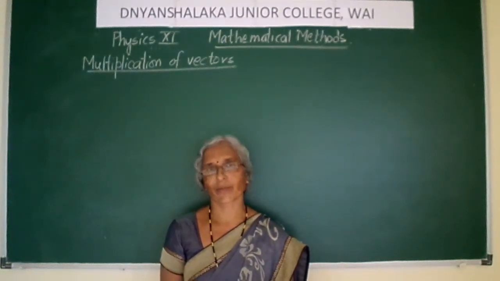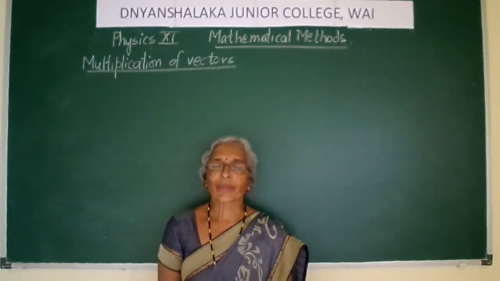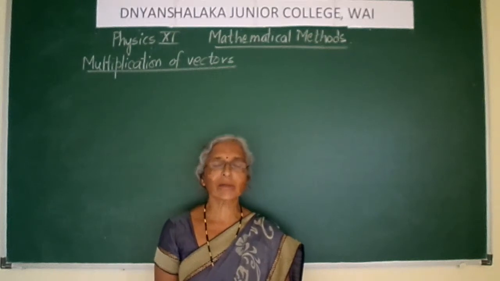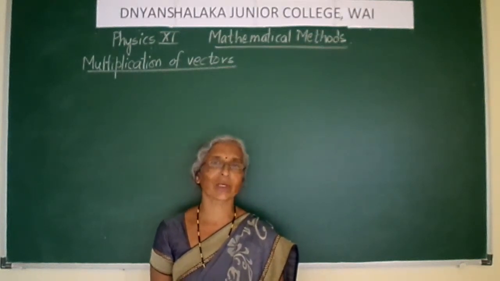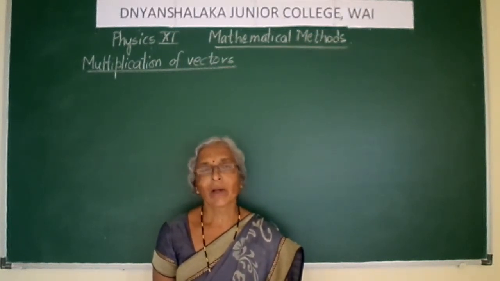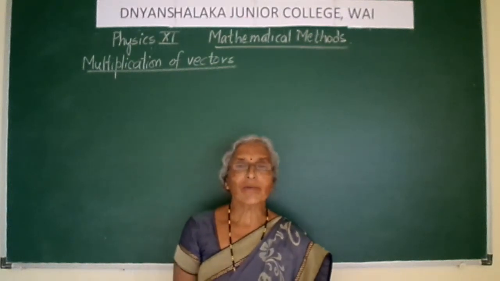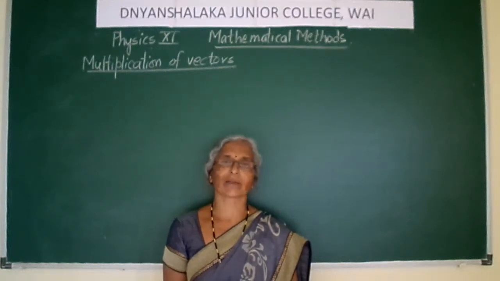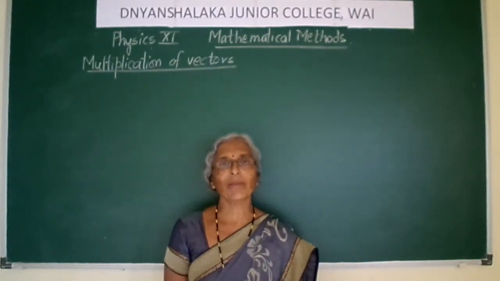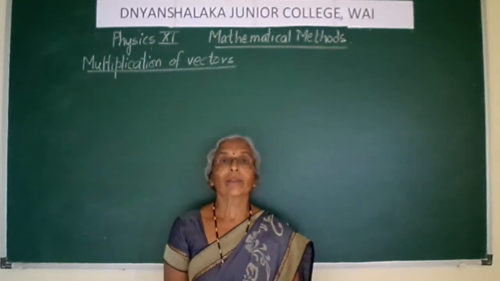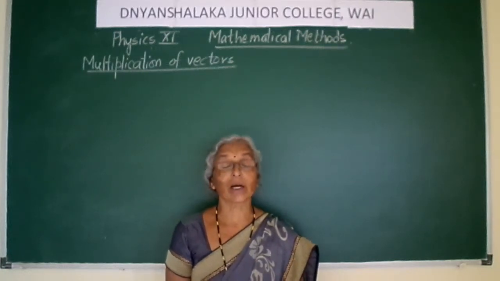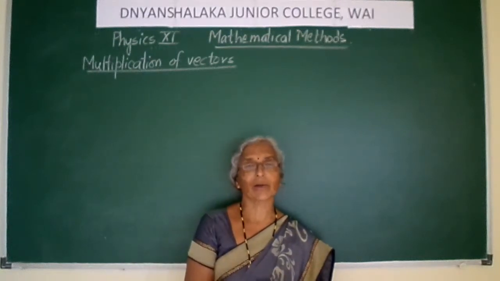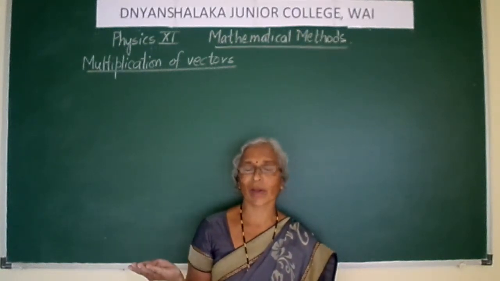of vectors. Okay students, now when we begin with the multiplication of vectors, there are certain points that we have to keep in mind. In fact, when we multiply two vectors of the same type or of different types, then we always get a new physical quantity which may be a scalar or which may be a vector.